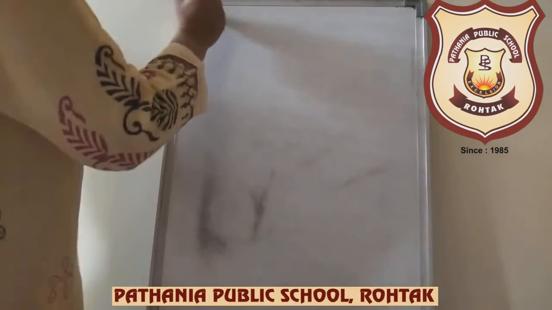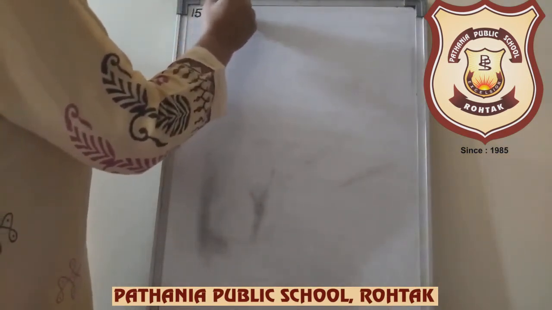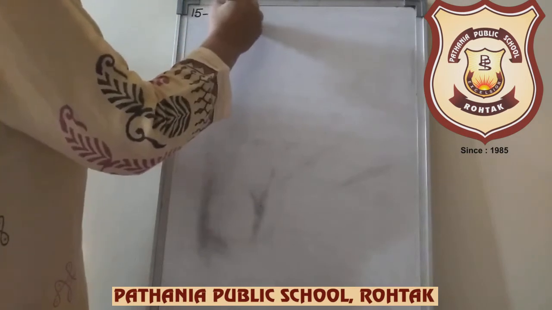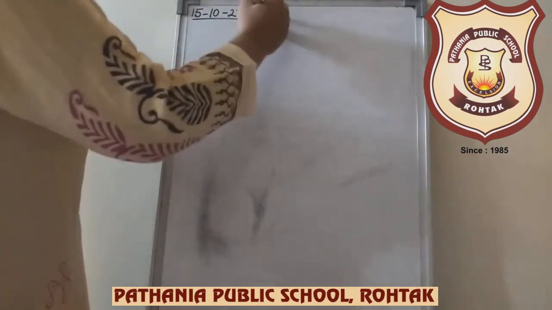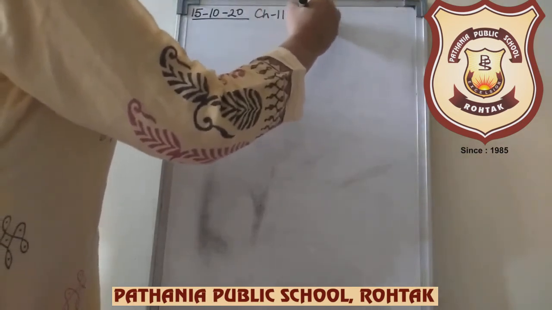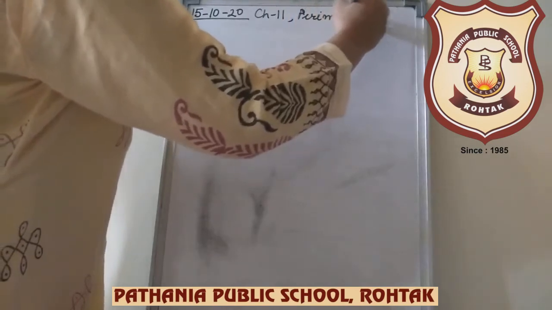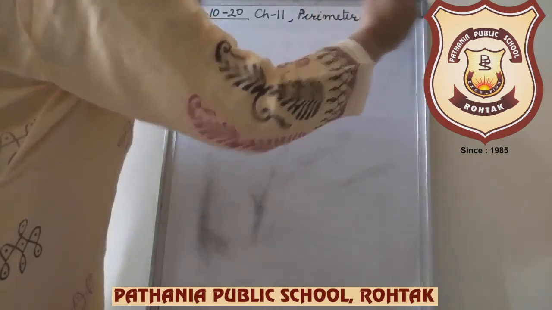Good morning, students. Today we are going to start with the next chapter, that is chapter 11, perimeter and area.